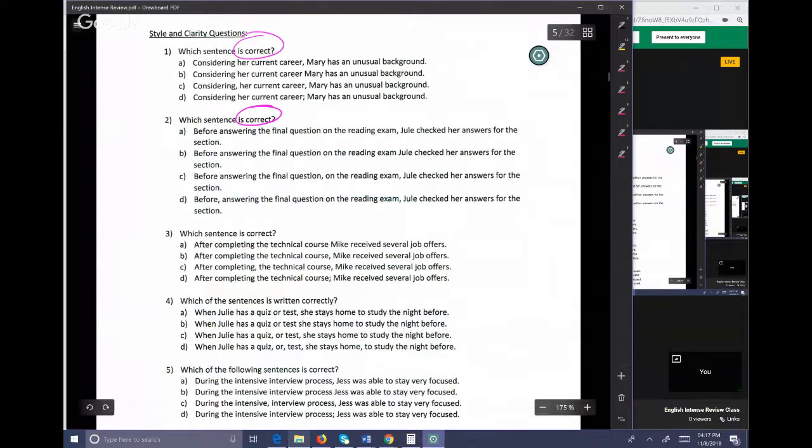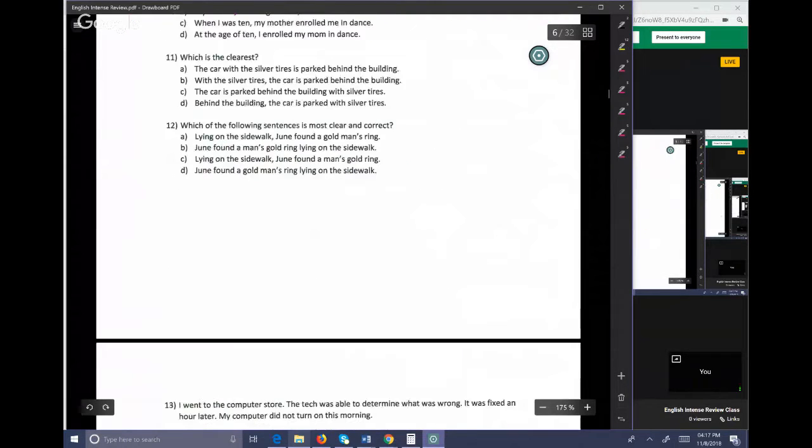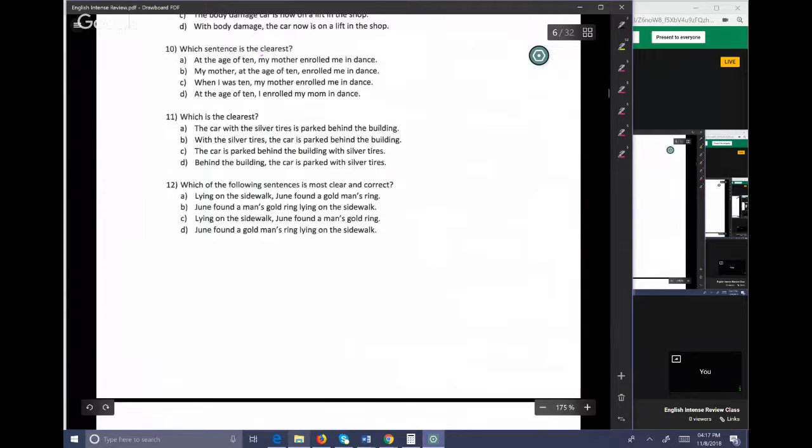So you have to make sure you're looking for the other indicators, which we're about to go through. But generally speaking, when you just see something like which sentence is correct, you're going to notice that they're basically asking you where to place things like commas and semicolons. The next couple of pages are clarity. And that's when they ask you what's the clearest. So clarity and fluency are the two ways that they name that.